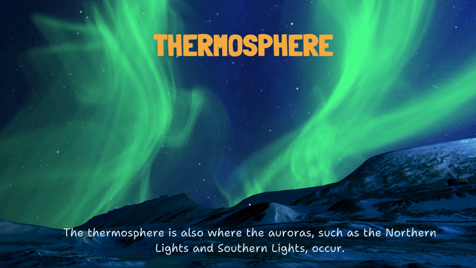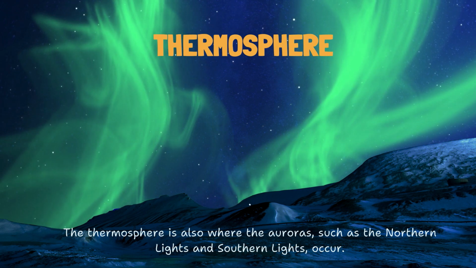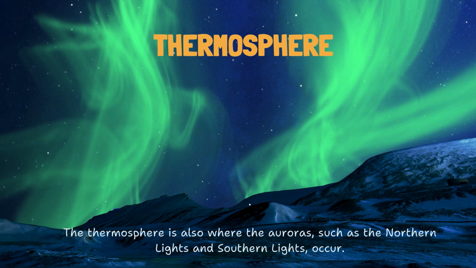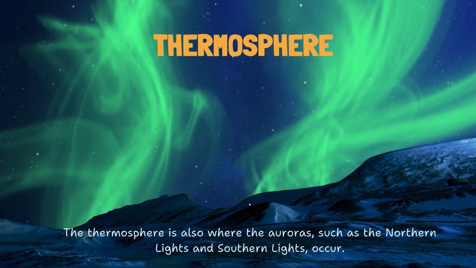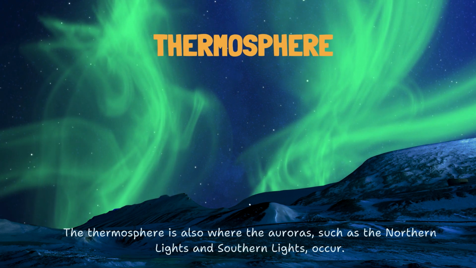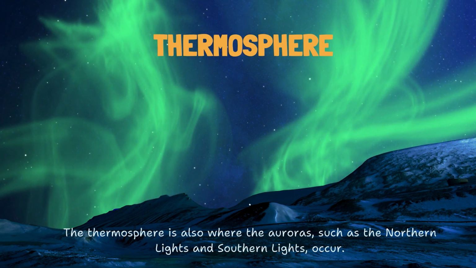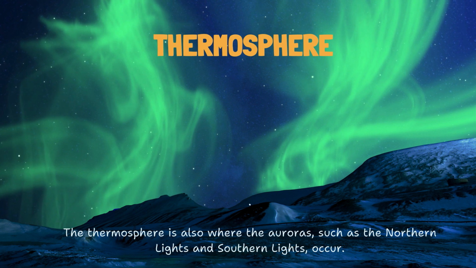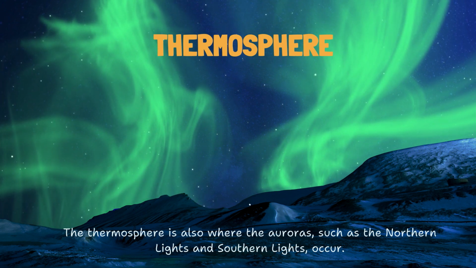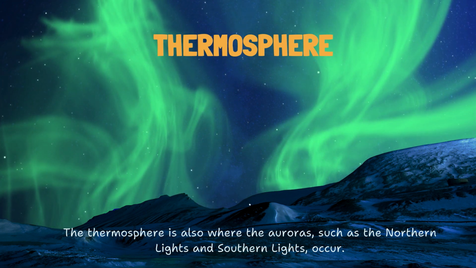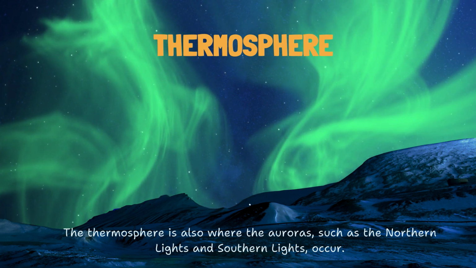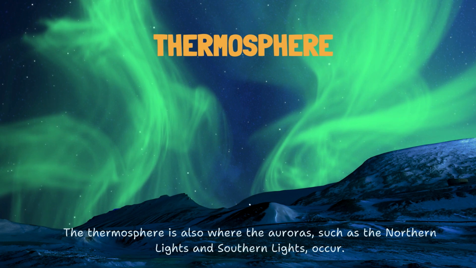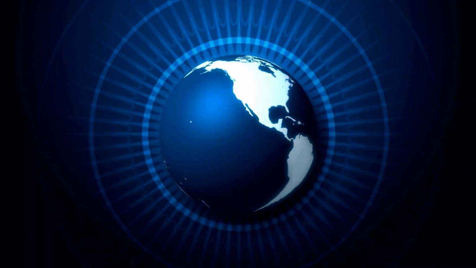The thermosphere is also where the auroras, such as the northern lights and southern lights, occur. Those colorful lights that dance in the sky near the poles. This layer is super important for communication because it reflects radio waves.